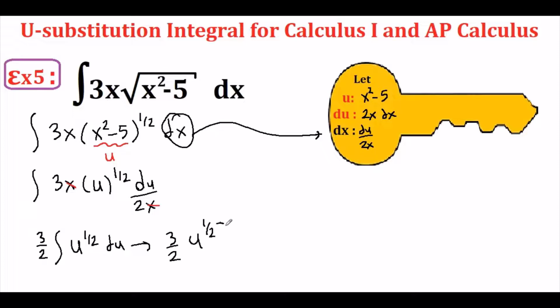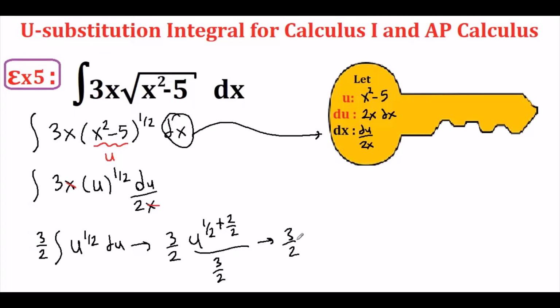Now we know how to take the antiderivative of u to the 1/2. We add 1, express 1 as 2 over 2, and this is 3 over 2, so divide by 3 over 2. Anything divided by 3 over 2 is multiplied by 2 over 3. So we have 3 over 2 here, multiplied by 2 over 3.